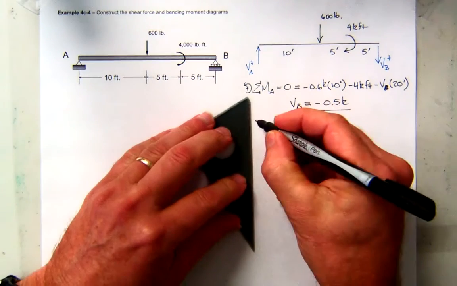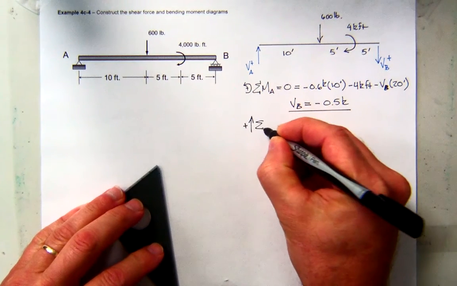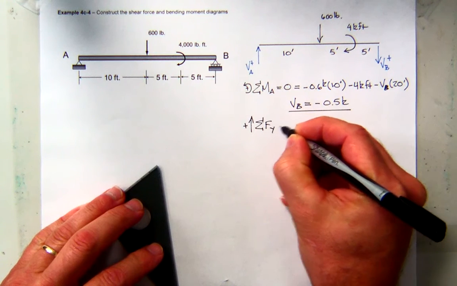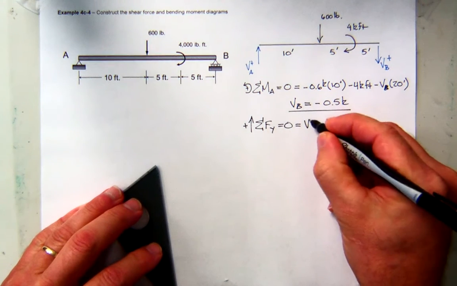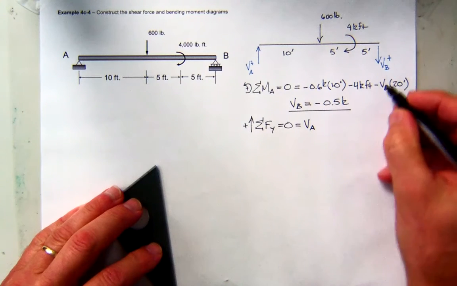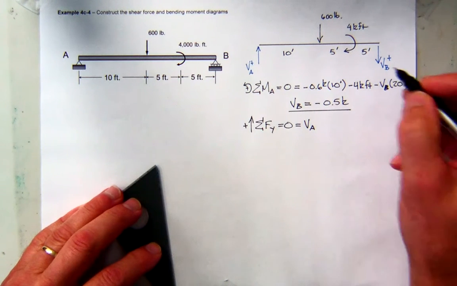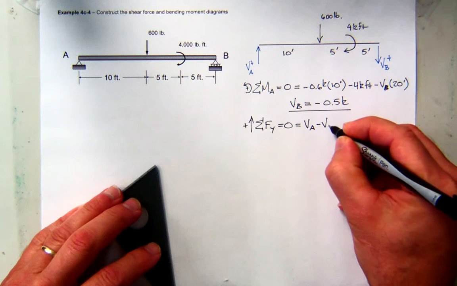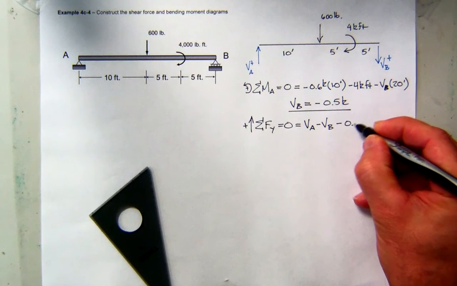All right. So if we sum forces now in the y direction, what do we get? Well, we get the shear at A acting up. The shear at B is what when I sum forces? Positive or negative? Negative. And my 0.6 force is negative.